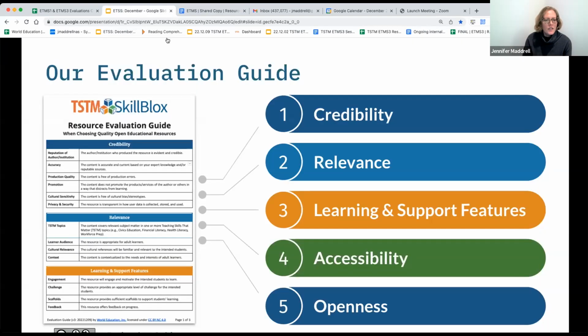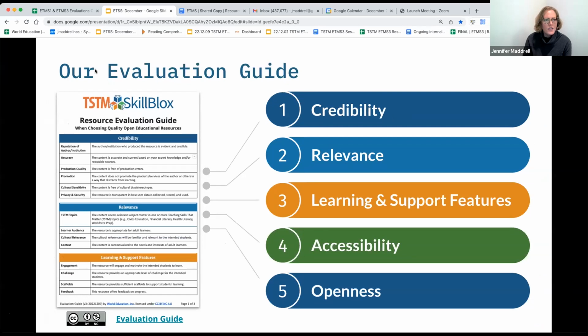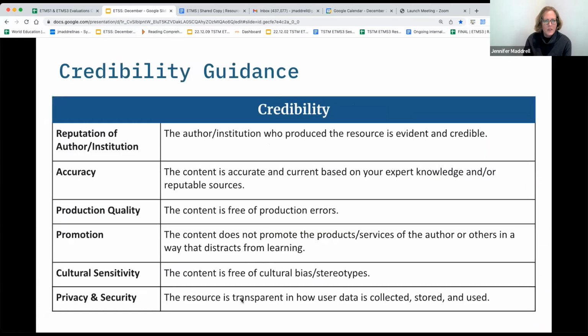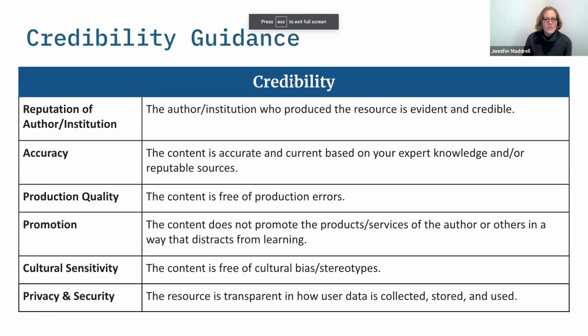Let me hop over here and drill down and look at one of the examples for credibility. Here's the snapshot of what we're looking at: the reputation of the author, accuracy, production quality, promotion. Promotion might be looking at the extent to which the resource promotes some type of product or service.